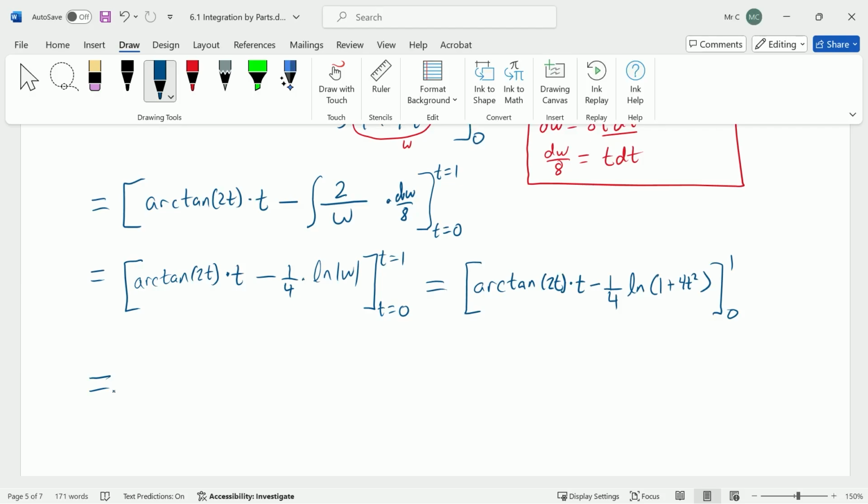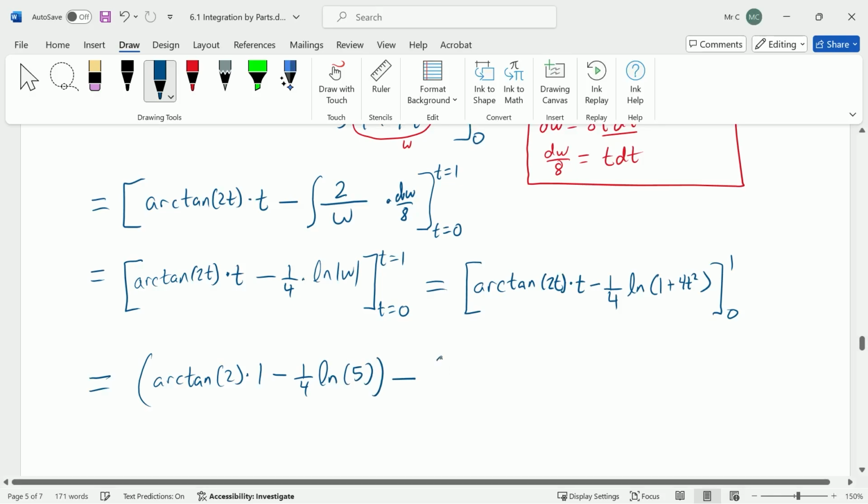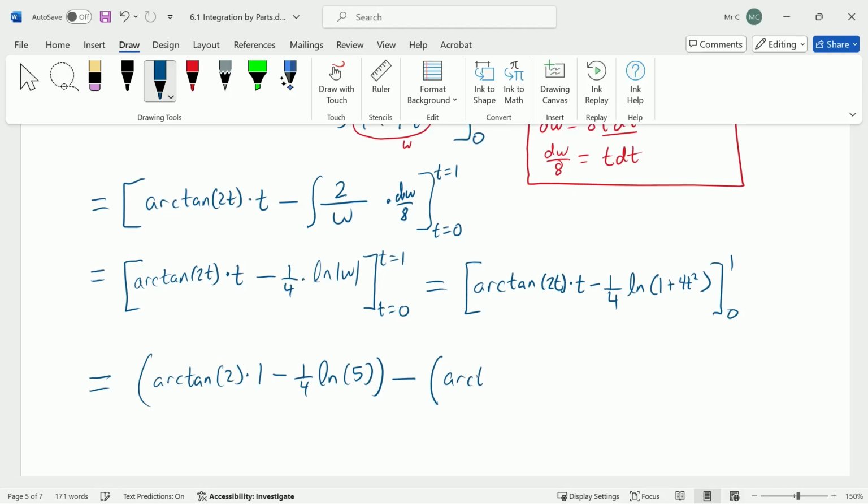Okay, now we got to plug in our bounds. So we plug in 1. That gives us arctangent of 2 times 1 minus 1/4 the natural log of 1 plus 4, which is 5, minus arctan of 0 times 0 minus 1/4 ln of 1.